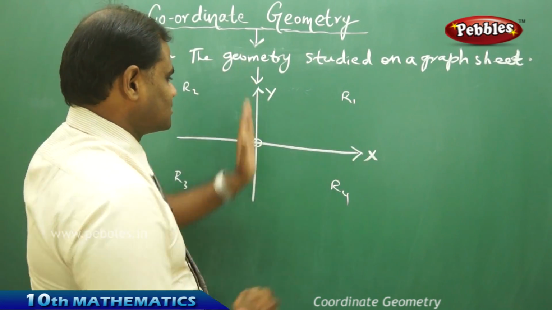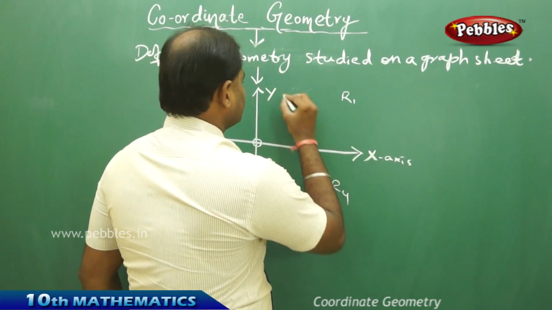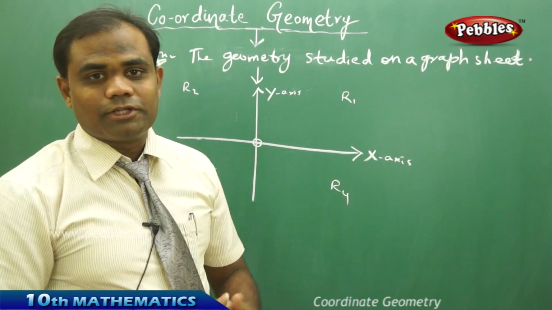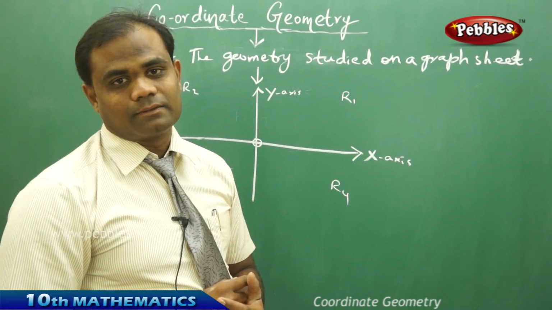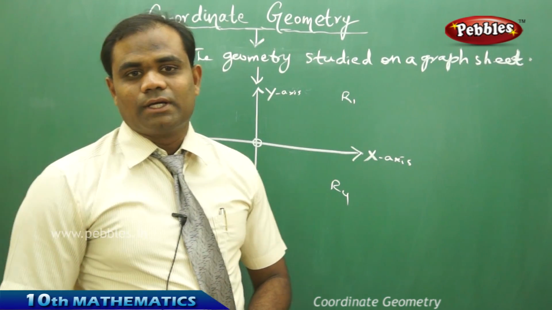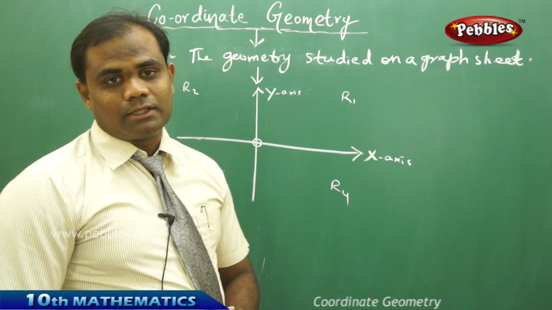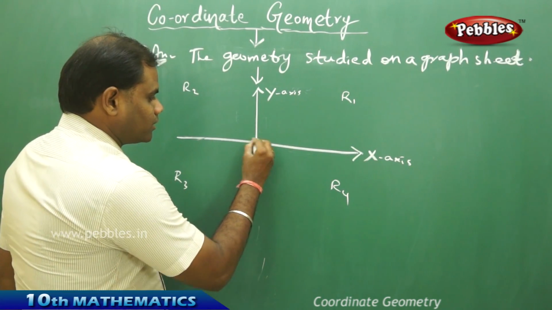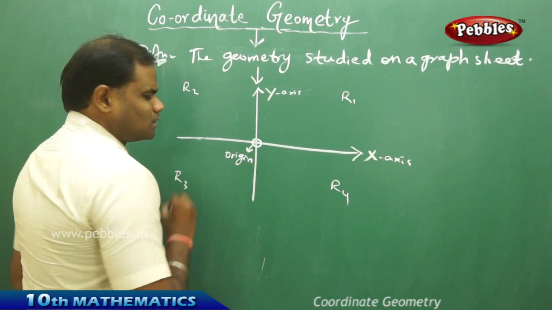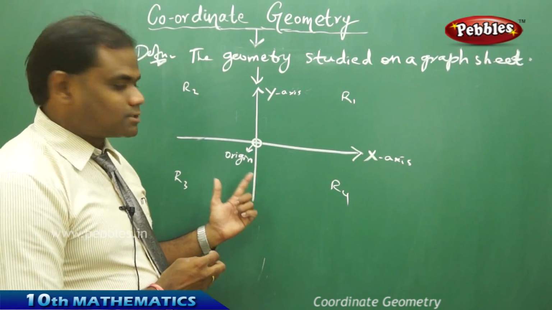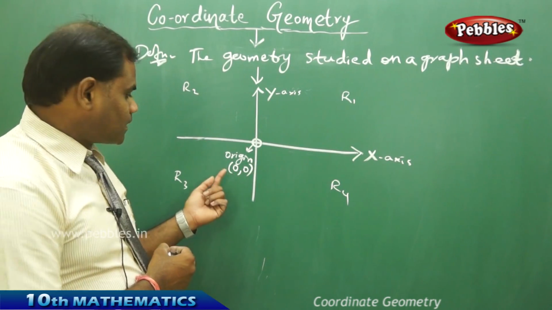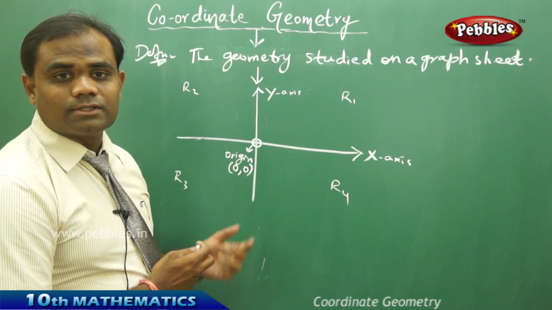This is called x-axis and this is called y-axis. So x-axis is the axis along which all x coordinates are taken, and y-axis is the vertical line along which all the y coordinates are considered. And the rule is this is said to be origin because this starts from the initial point, which is called the origin, and the coordinates of origin are 0, 0, where x coordinate is 0 and y coordinate is 0.